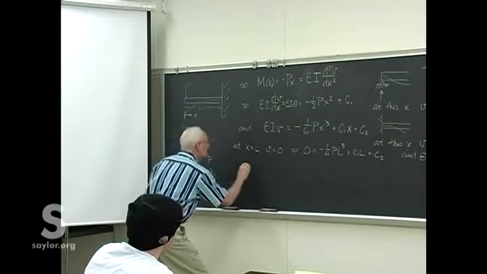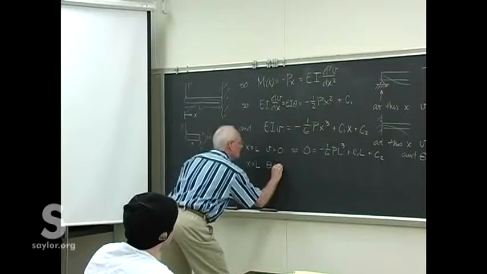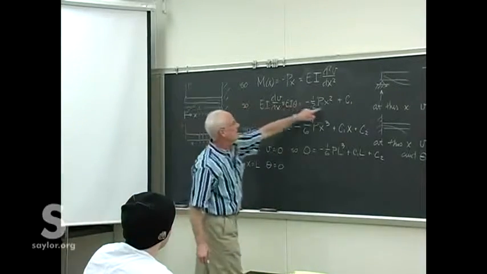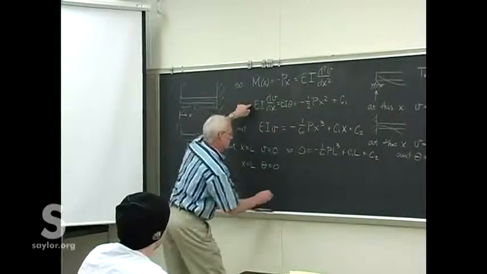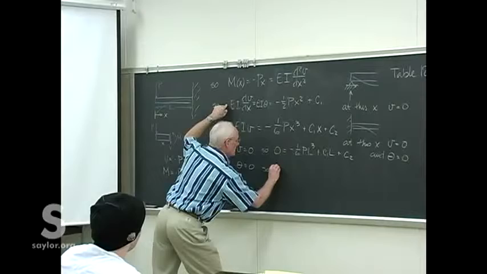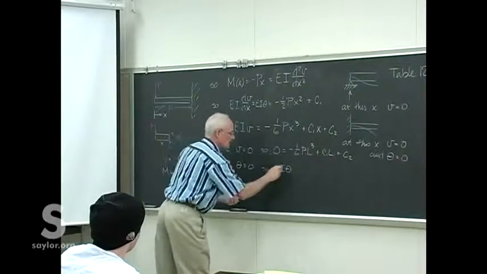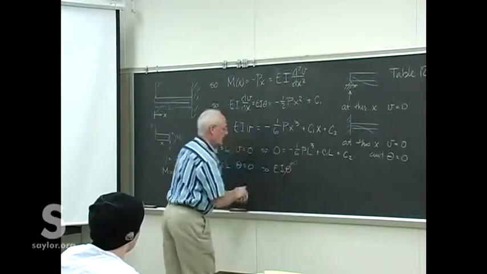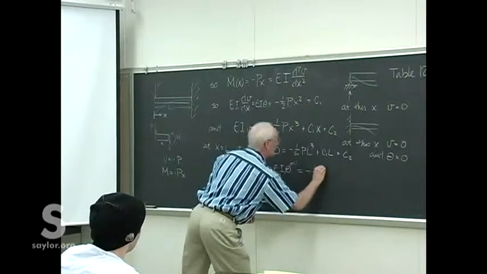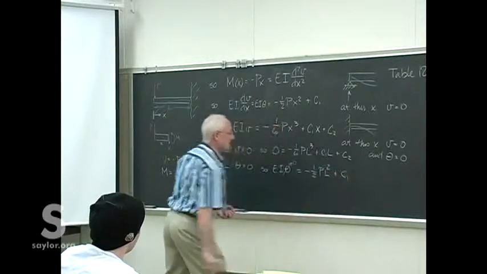So our other boundary condition is that x equals L, theta equals 0. Oh, that's a good one. That'll give us C1 directly. So that would have been a good one to start with. So EI theta, but theta goes to 0 at x equals L. So minus 1/2 PL squared plus C1.